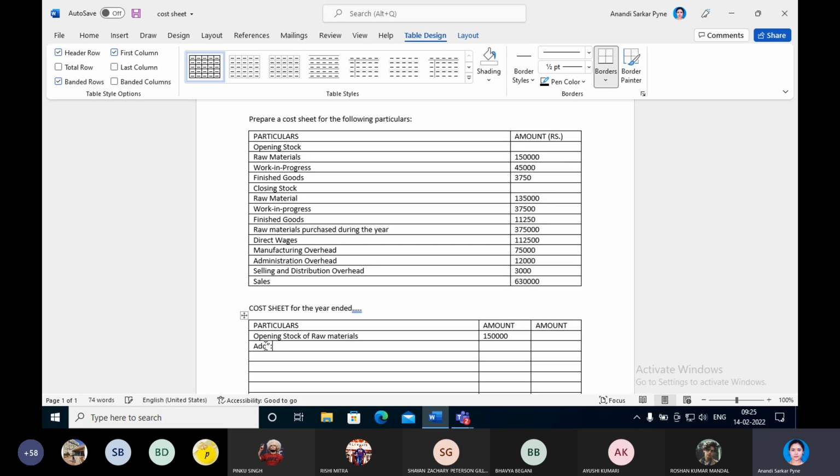Add raw material purchased during the year. That is how much? 3,75,000.